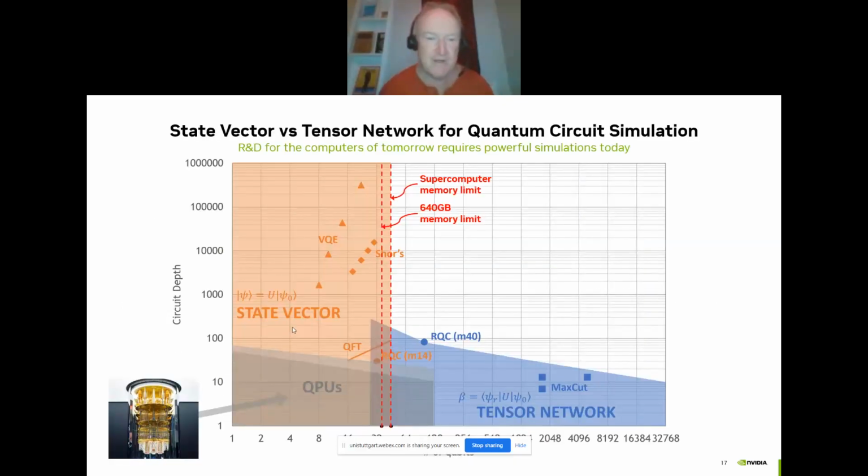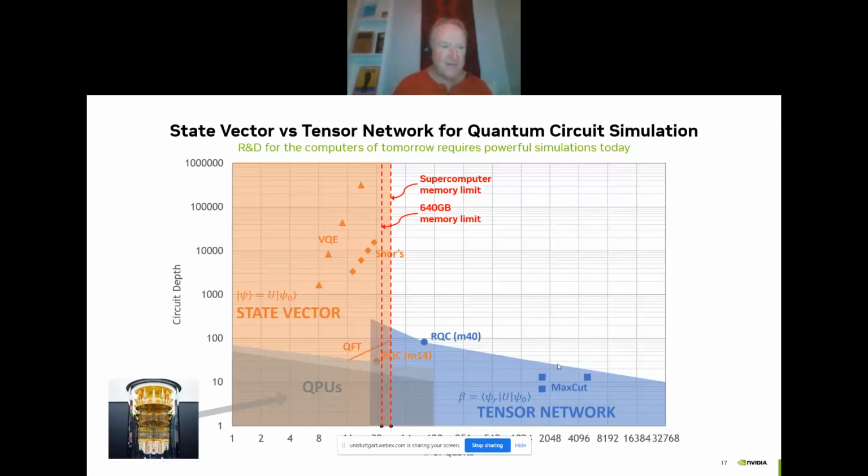So looking at a little bit of where we are today in terms of the overlap of these two approaches and the kind of problems you can solve with them. As you can see, the two vertical red lines here show us the exponential memory requirement, where that leaves us in terms of, for all practicality, the largest memory systems available to do these sort of simulations on a supercomputer today, versus being able to represent these circuits as tensor networks and solve them through this other tensor network approach.